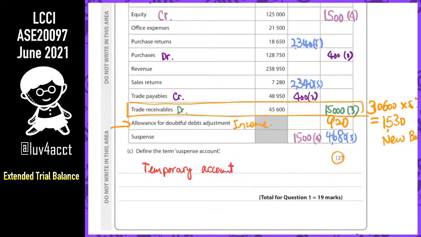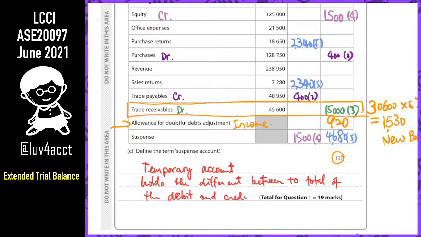If we explain the suspense account itself, it is the temporary account that holds the balance or holds the difference between the total of the debit and credit balances in a trial balance.